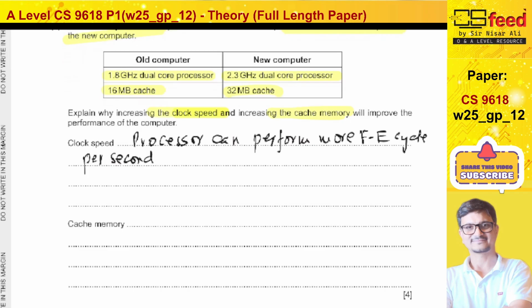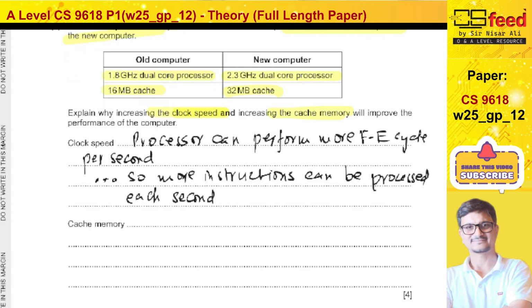All right, per second. So what is the impact? More instructions can be processed each second. So the processor can perform more fetch execute cycles per second, so more instructions can be processed each second. So this is the impact with the clock speed.